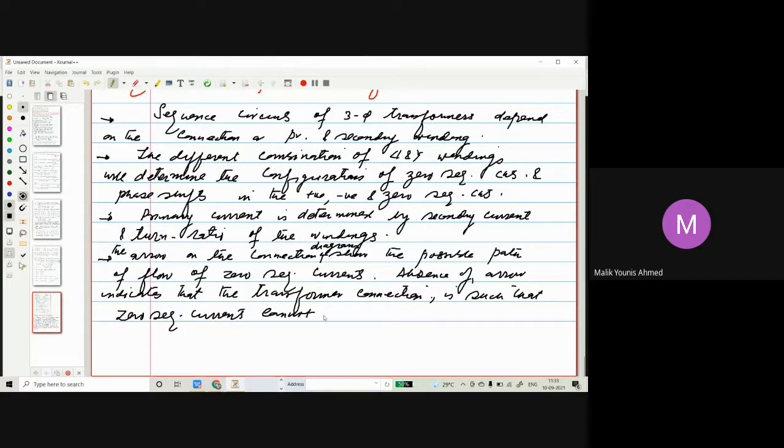So it should be very clear. The arrow will show the path where the zero sequence current will flow. Very simple. And if the arrow is absent, that will indicate that there is no path for zero sequence currents to flow. This type of connection we'll be having.